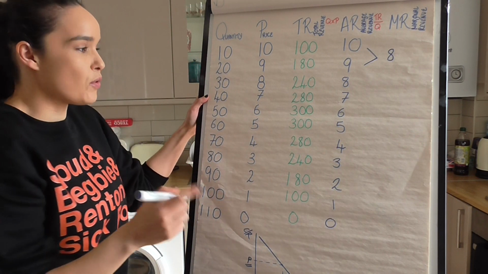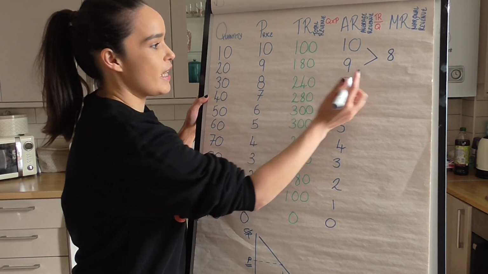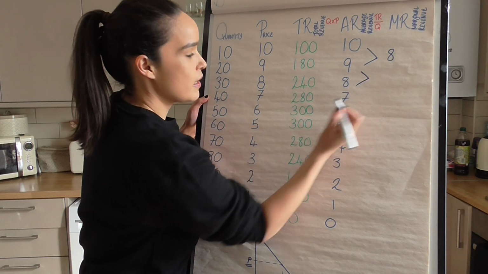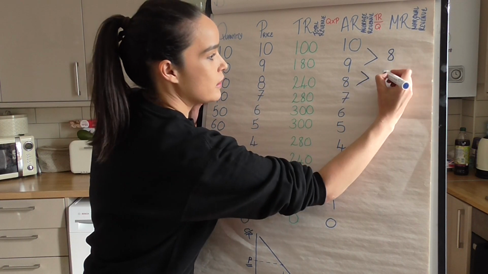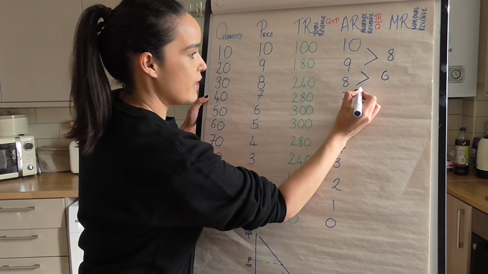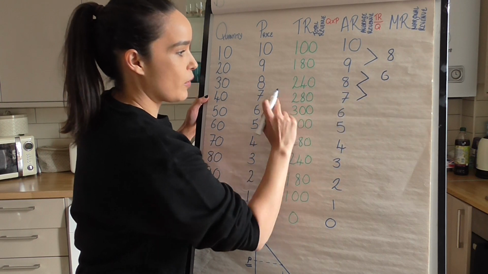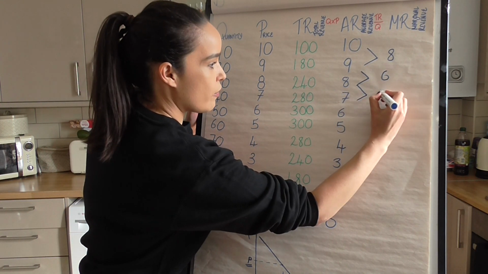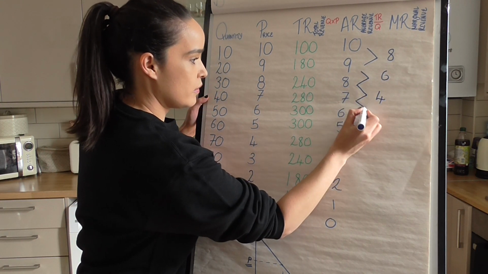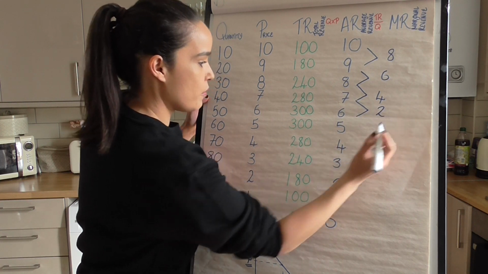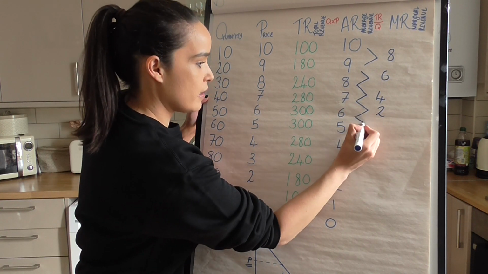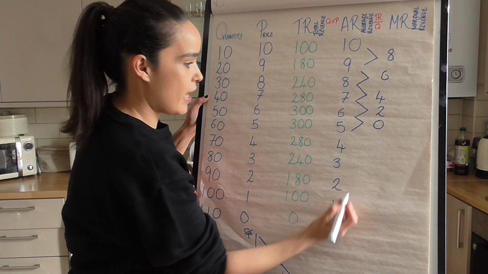And if we do that all the way along, obviously here this is going to be 6. And then for this one here, it's going to be 4. And then 2, and then for this one here, this is 0.